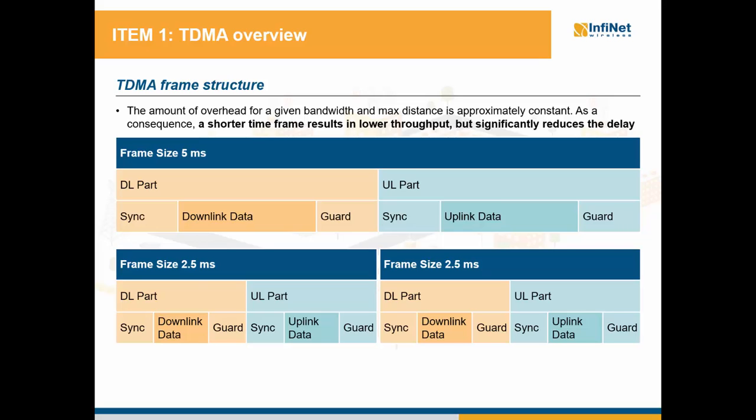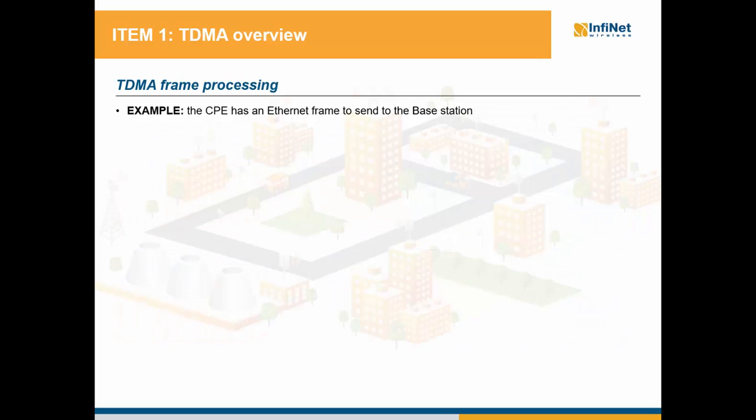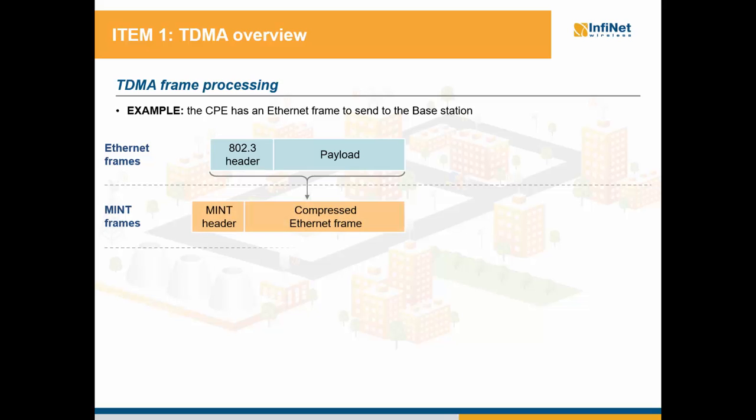Also, we have an example that will show us how the frame processing is performed, in order to better understand the concept. When the CPE receives the Ethernet frame, it will compress it by stripping the unnecessary information from the header, and will transform it into a mint frame by adding the mint header.